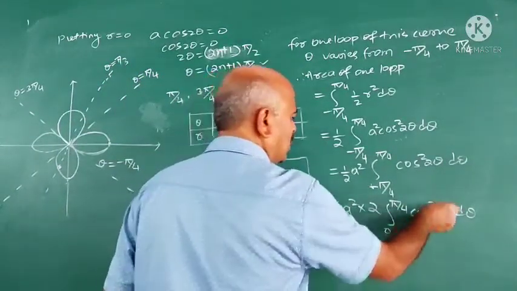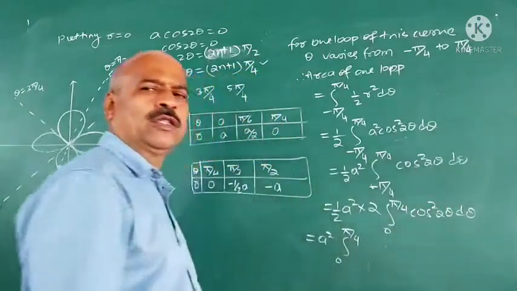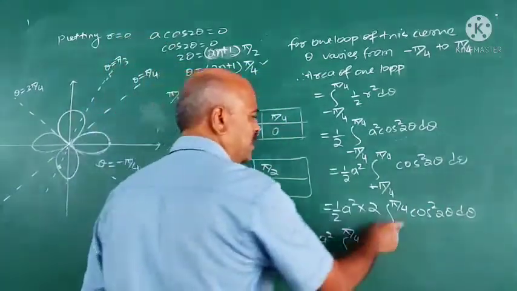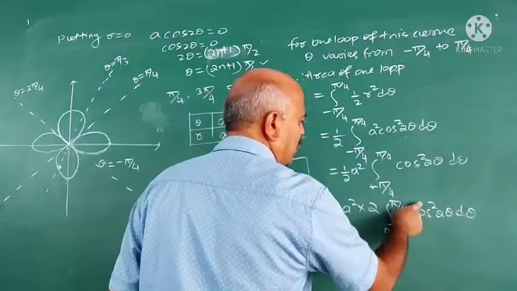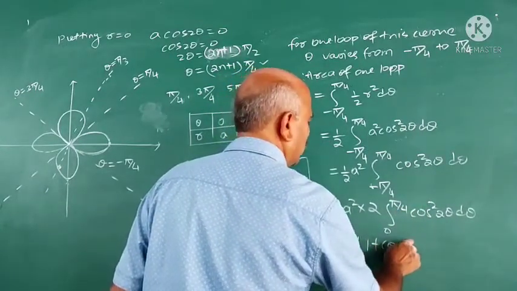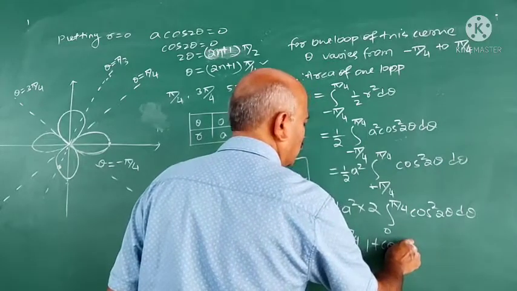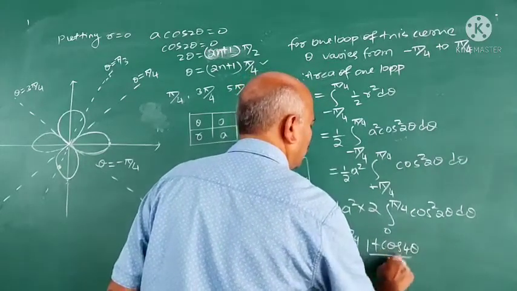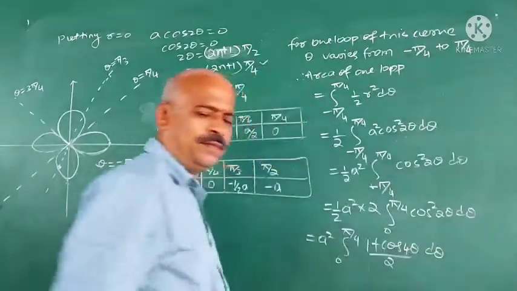How do you integrate cos square? Always, sin and cos powers you have to express in terms of multiples. Cos square 2 theta is 1 plus cos 4 theta upon 2, d theta.